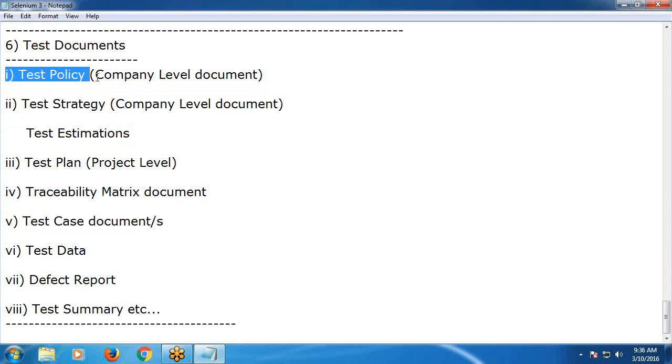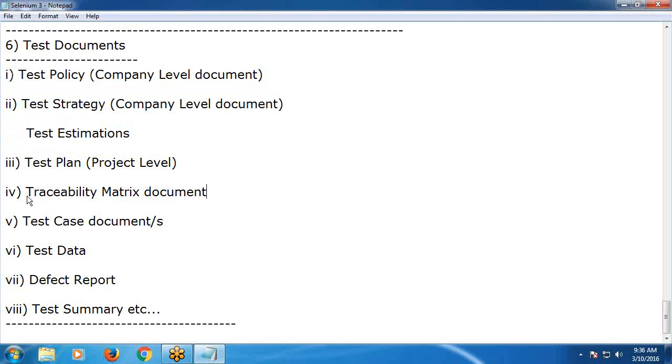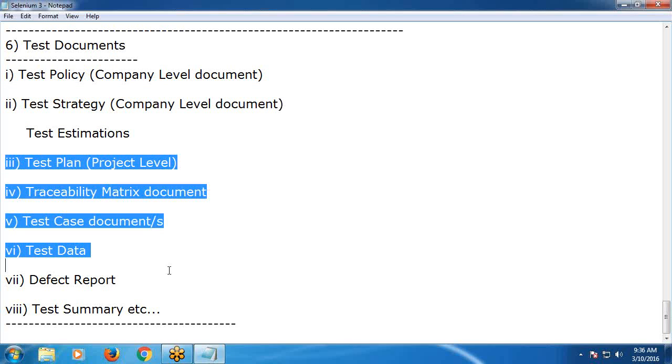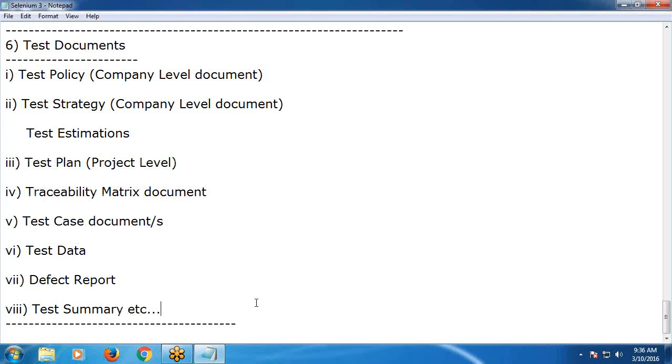Generally we don't deliver test policy and test strategy to the customer. I am indexing all the test documents. We don't send test policy, test strategy, test estimations to the customer. Not required. We deliver the test plan, traceability matrix, test cases, test data, defect report, summary report, etc. Okay?